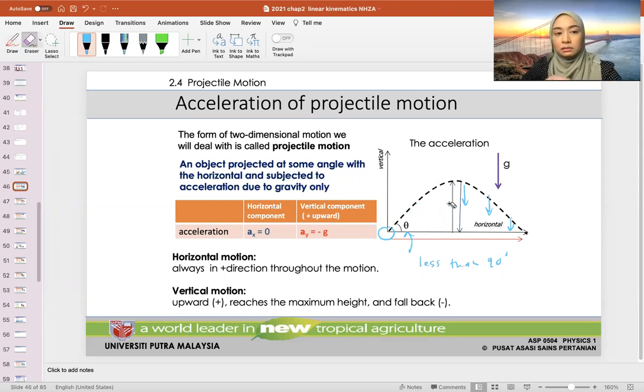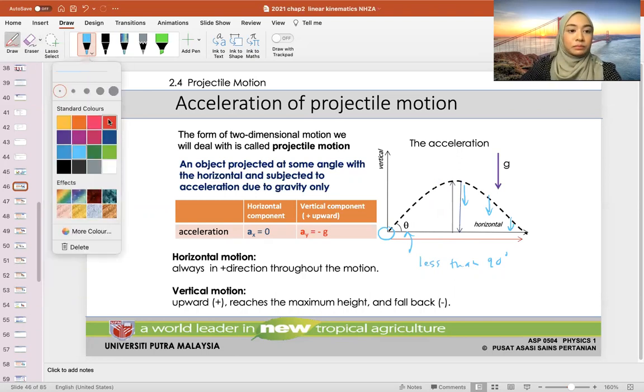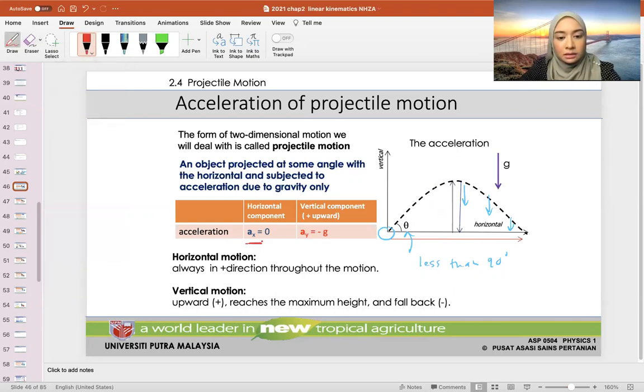It's just due to gravity. Therefore, the acceleration in the x direction is equal to 0. This is very, very important. Please take note. The acceleration in the x is equal to 0. The acceleration in the y is minus g. So this is the first thing that you have to remember about projectile motion, apart from it being 2D.